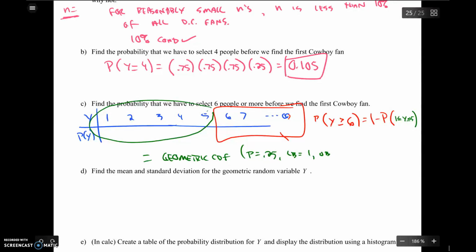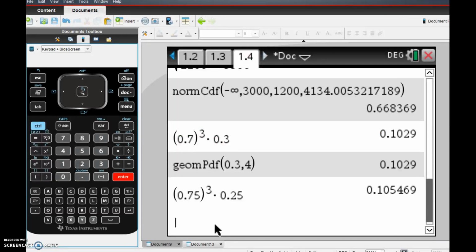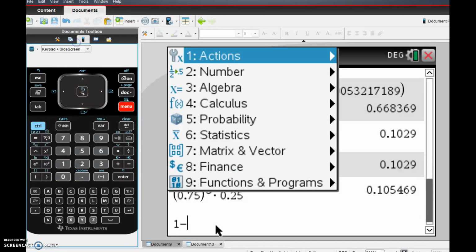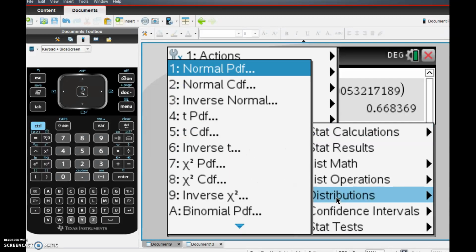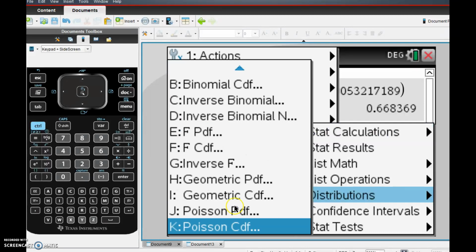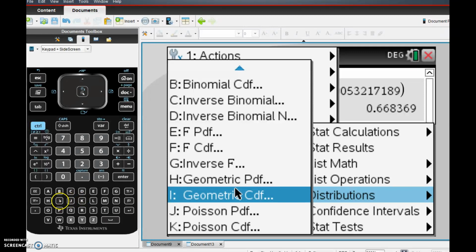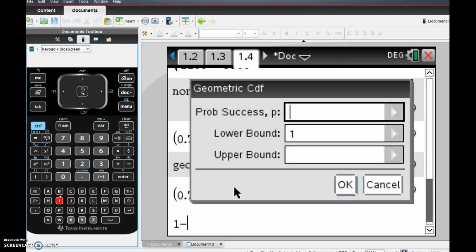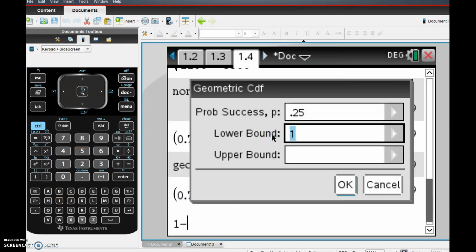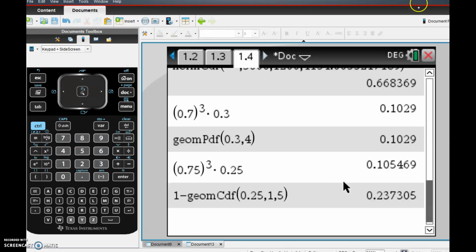Upper bound is 5. And let's not forget, I need to take 1 minus that number. So this is going to be 1 minus, let's go to that CDF, 0.25, 1 to 5, 0.237.